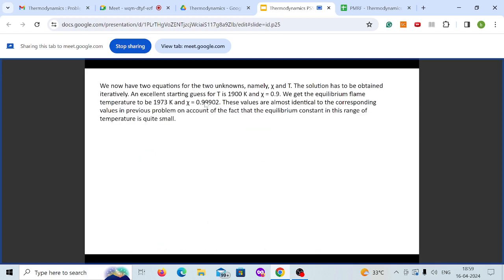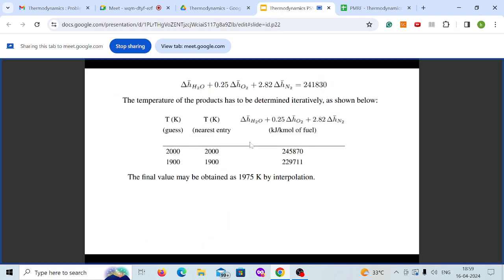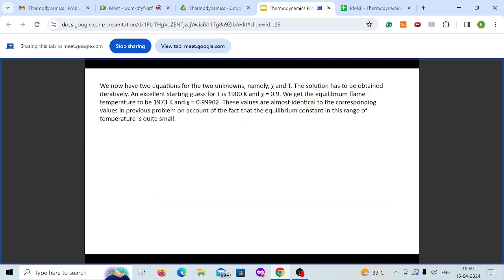Doing that multiple times iteratively, we get the final equilibrium temperature as 1973 Kelvin, and x is 0.99902. So the equilibrium temperature is 1973, and in the previous problem we got 1975, which is close.